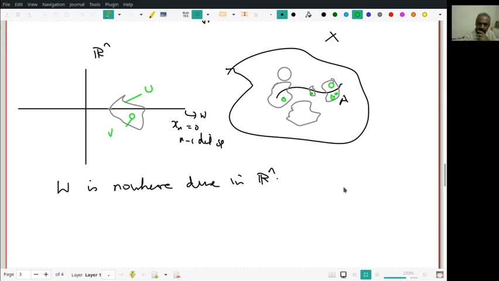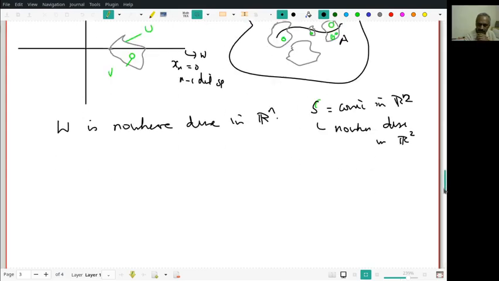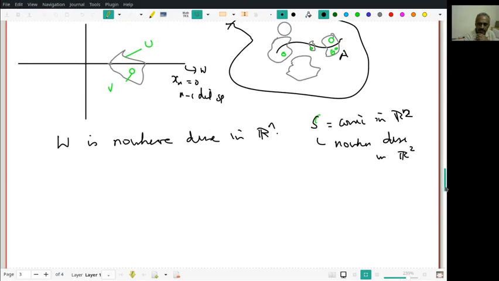Therefore, for example, if I look at any conic section S in R^2, then I expect S to be nowhere dense in R^2 by this kind of trick. Have a look at it, understand.